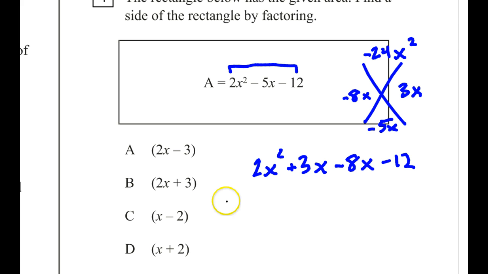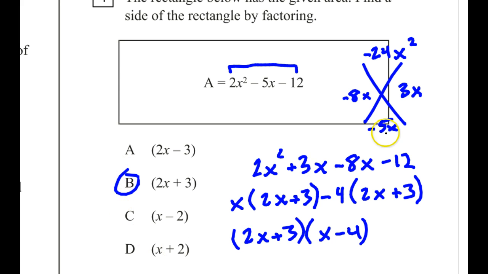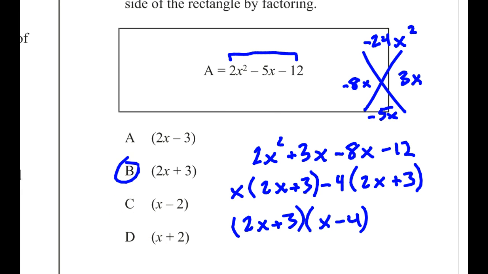Factor the first 2. The only thing that comes out would be an x. So we're left with 2x plus 3. Factor the second 2. They both have a negative. Take a negative out. What's the biggest number that goes into 8 and 12? We get 4. So we have left over 2x and plus 3. So my 2 factors are 2x plus 3 and x minus 4. And it looks like only the 2x plus 3 is right there.